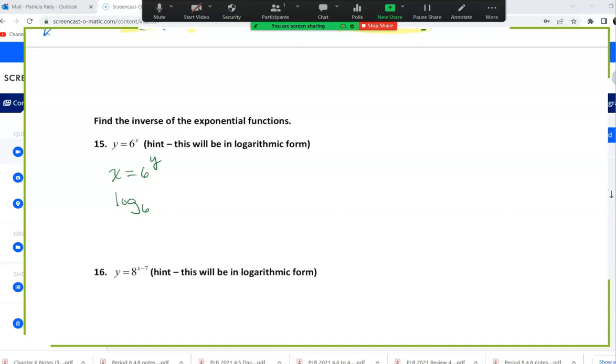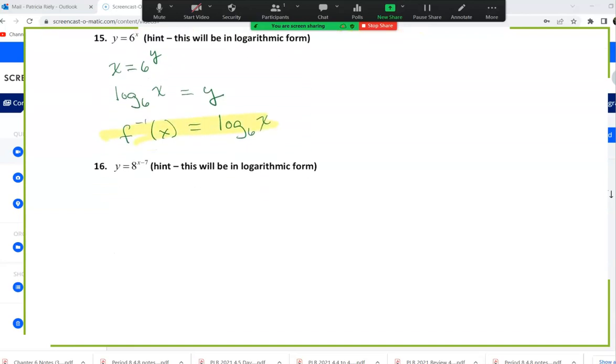Logs equal exponents. What's the exponent? That's the y, which is the new y. Here's the argument. So to write the inverse, use your inverse notation for that y. And it is log base 6 of x. And that is my inverse.